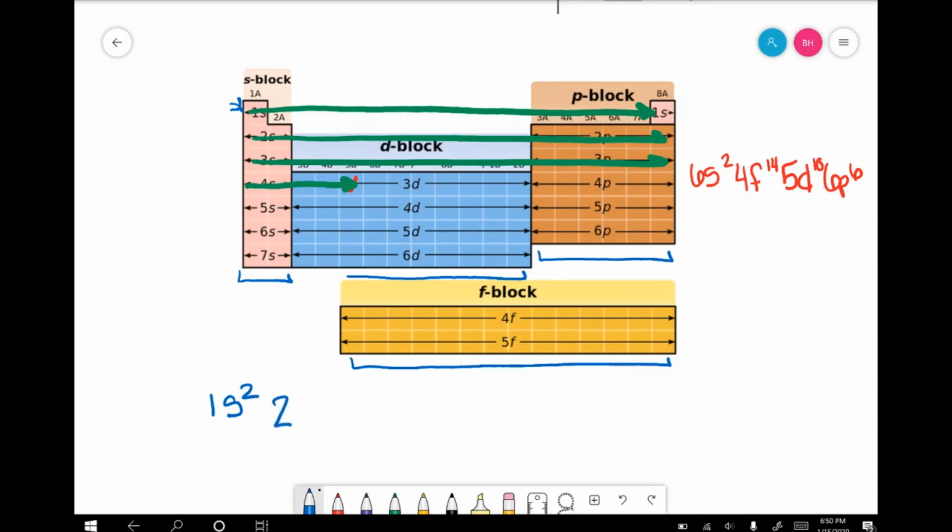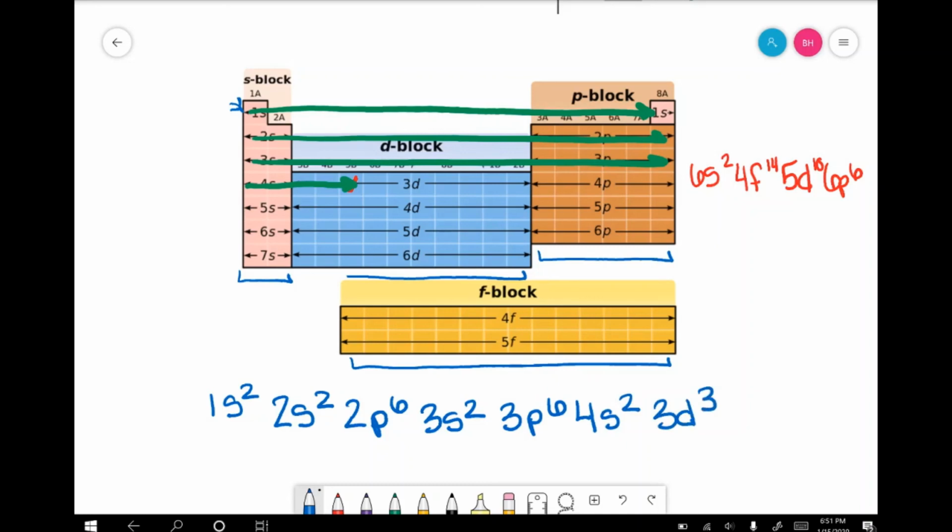Now I have my 2s block, and there are 2 electrons, and move over to my 2p block, which has, I almost wrote 3, it has 6 electrons. That makes that a little bit neater. Move down, because now I'm done with that row. 3s2, 3p6, 4s2, and 3d3.